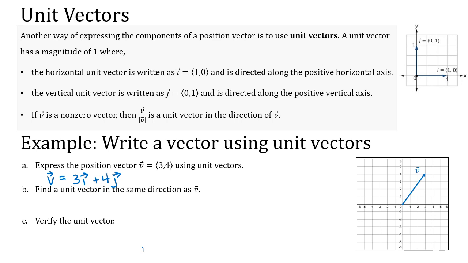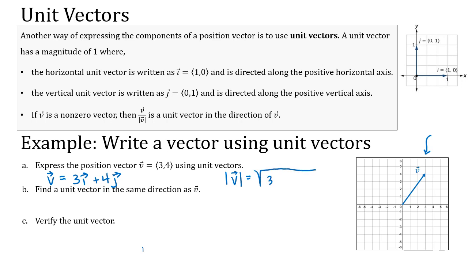Part B says to find a unit vector in the same direction as vector v. Now, if you take a look at vector v in this image, I could find out that magnitude, couldn't I? In fact, let's do that. What is the magnitude of vector v? The magnitude of vector v is equal to the square root. We've seen this before.